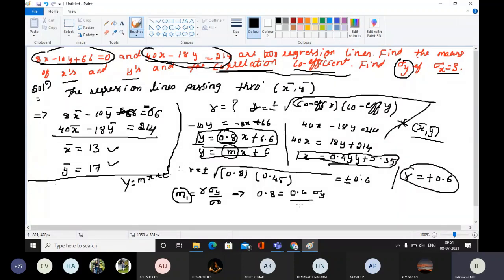What is sigma x given? 3. Now I want to find sigma y. Sigma y is equal to 0.8 into 3 divided by 0.6. So what did you get for sigma y? 4. That's it.